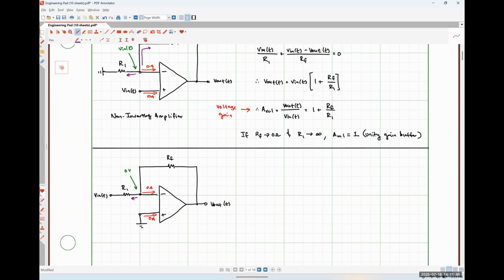Applying KCL, we would be adding these two currents together. And so we would wind up getting 0 minus Vn, so I'm just going to call that negative Vn divided by R1. And then we would have 0 minus V out, so I'm going to call that minus V out over RF is equal to 0.